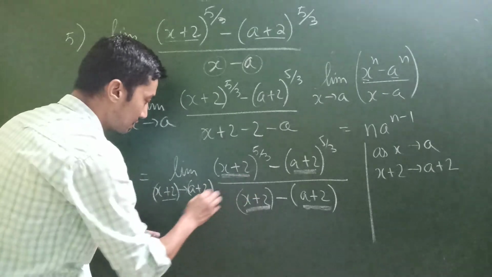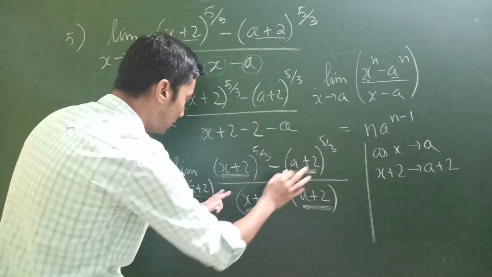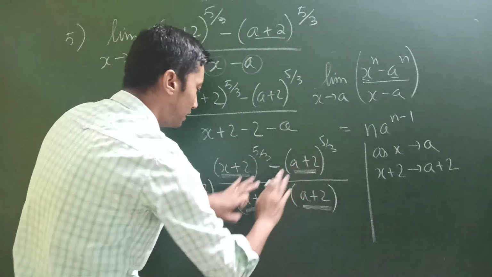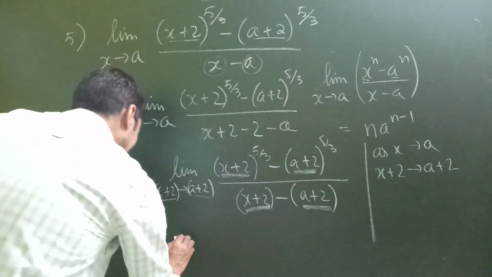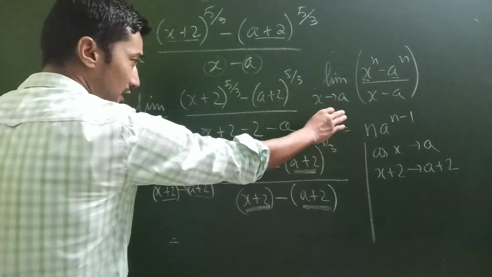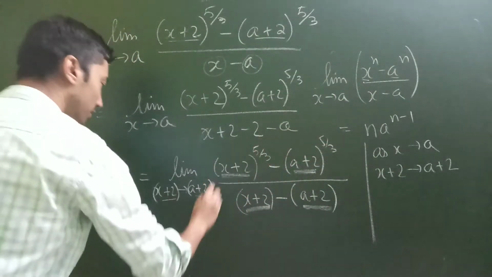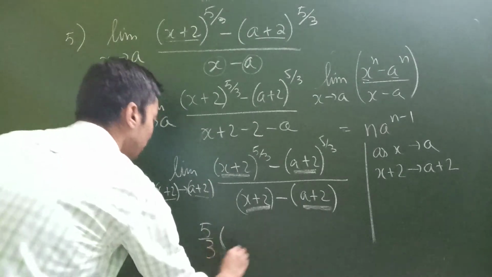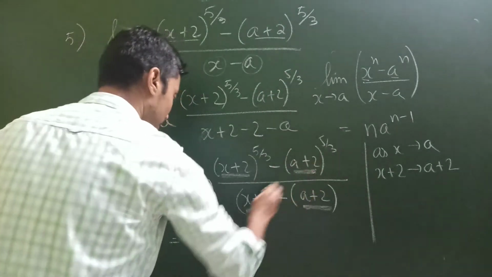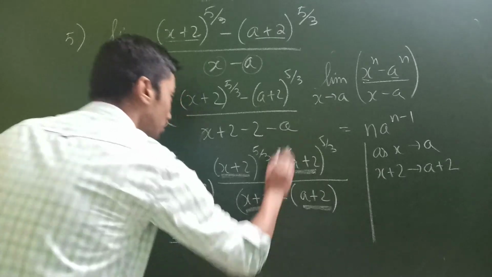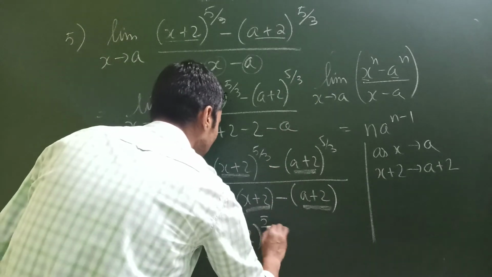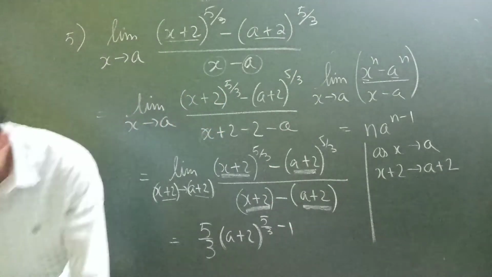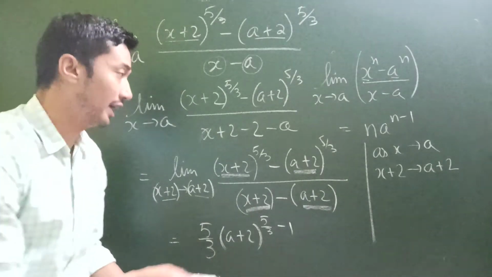So you see here, x, a. So I think it matches, isn't it? x power n minus a power n over x minus a. So now what we can do is use the formula n into a power n minus 1. What is the value of n? 5 by 3. What is the value of a here for this question? It is a plus 2. So n times a to the power n minus 1: 5 by 3 minus 1.